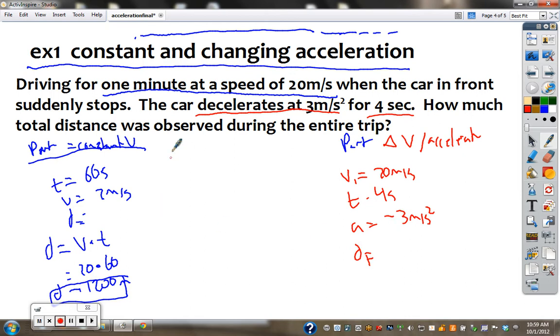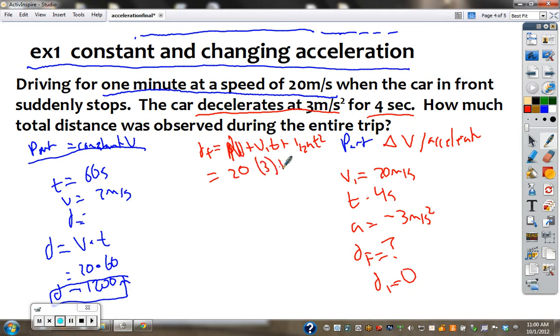So we can use distance final equals distance initial plus velocity initial times time plus 1/2 at squared. Distance initial 0 equals velocity initial times 3 plus 1/2 -3 times 4 squared equals 60 plus 1/2 of 3.